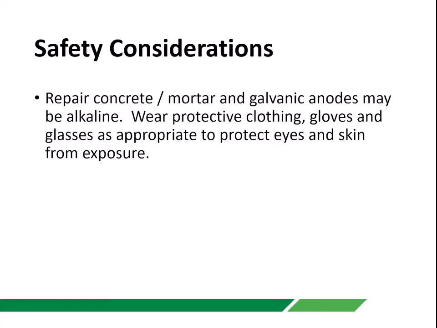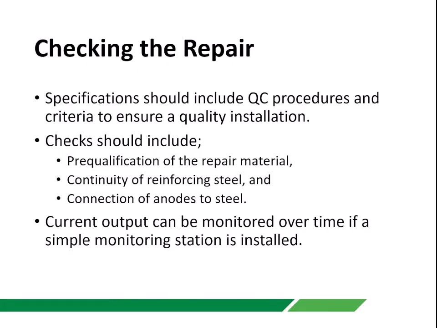Getting near the end here, safety considerations: you're working with concrete and mortar, and some of the galvanic anodes are also alkaline themselves, so wear protective clothing, gloves, and glasses that are appropriate for the materials that are being used. And in terms of checking the repair, the specifications should include QC procedures and criteria that are specific to this installation.